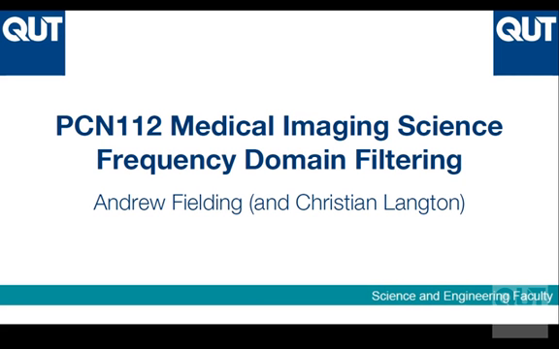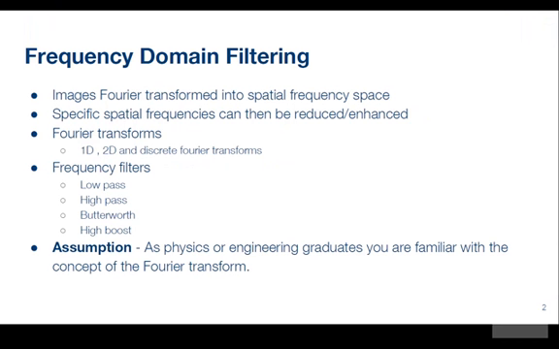What I want to look at today is how we can do this filtering, not in real space, but in the spatial frequency domain. To do this, we need to understand a bit about how images are made up of contributions from different spatial frequencies. Each spatial frequency contributes some information to the image.